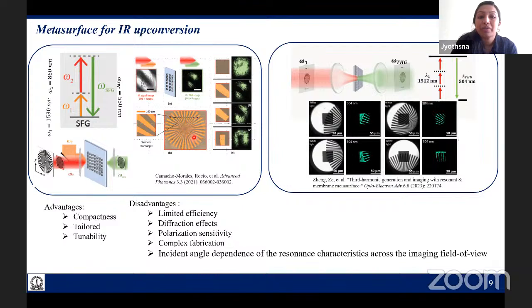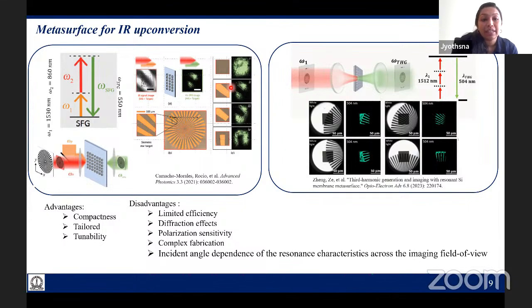Here they make use of an array of nano antennas which are specially designed to perform the conversion. In this particular work, they used sum frequency generation in the nonlinear media to upconvert 1530 nanometer to 550 nanometer. And as I mentioned, they use an array of gallium arsenide nano antennas, which is used for wide field upconversion.